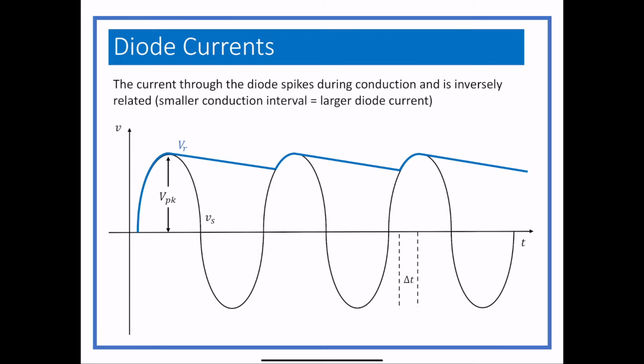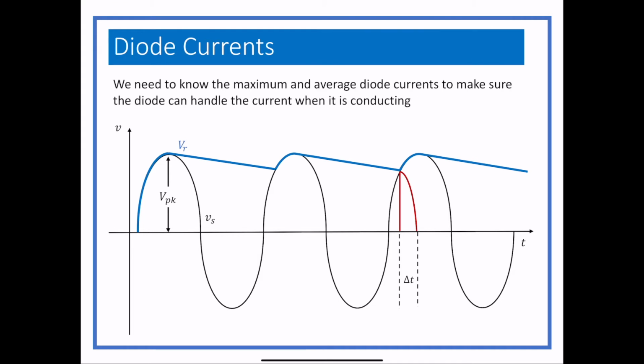So during this small delta t time, basically the current in the diode peaks and then it drops off until it stops charging. So what we want to know about this, we want to know the maximum and the average diode currents just to make sure that the diode can handle the current when it's conducting. So how do we figure that out?